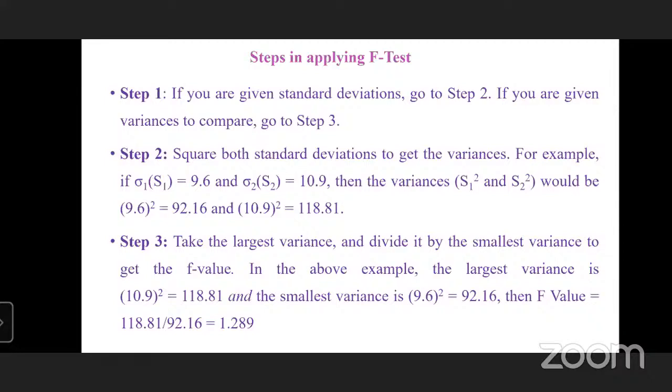In the above example, the largest variance is 118.81 and the smallest variance is 92.16. Then the F value will come 118.81 divided by 92.16. The answer is 1.289.